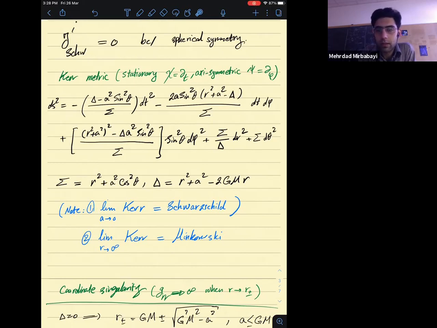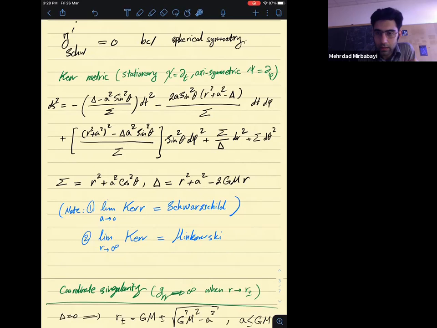Rotating black holes actually exist in our universe. We see them, and their phenomenology would depend on what happens outside the horizon, not inside, because we don't see anything inside the horizon.